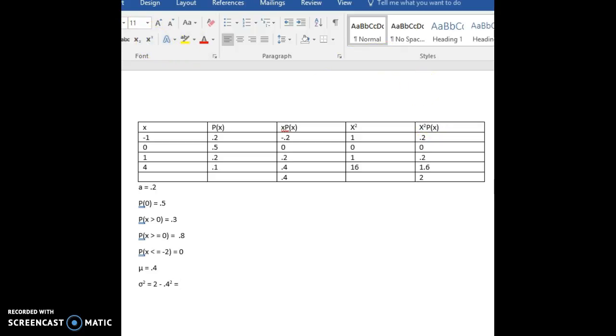So that's going to be 2 minus 0.16 or 1.84 for our variance. Now, of course, if it had asked us to find the standard deviation, all we would need to do was take the square root of 1.84.